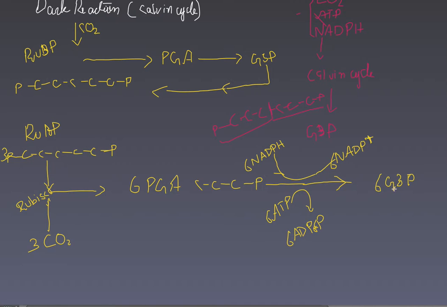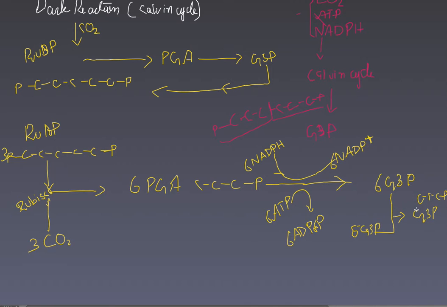Now, out of 6 of these molecules, 5 do not leave the cycle. So 5 G3Ps are still in the cycle. Only 1 molecule leaves the cycle, only one molecule which has 3 carbons and a phosphate group with it.